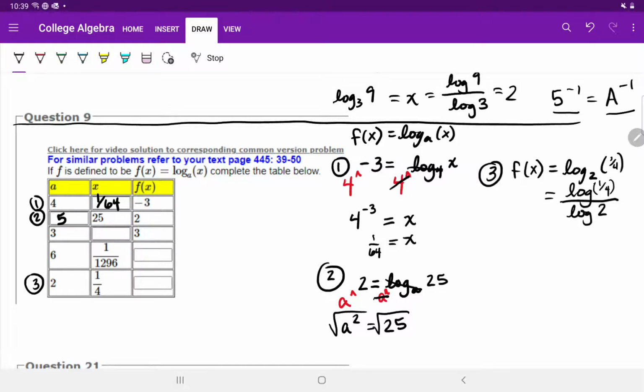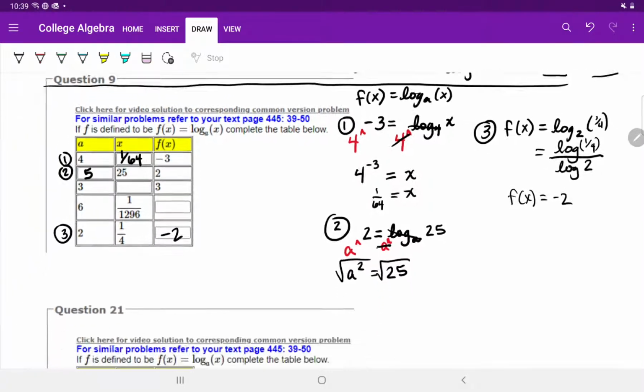You would need parentheses around this when you punch it in, so be careful of that. So I'm going to punch that into my calculator real quick. Log 1/4 divided by log of 2, and that gives me f of x equals -2. So I trust that you'll be able to solve the rest of these on your own, or at least similar problems like these.